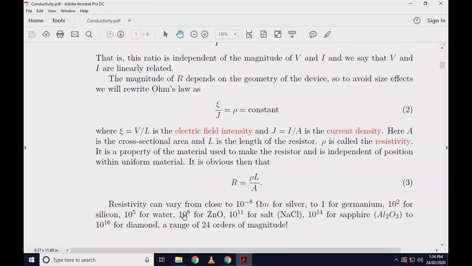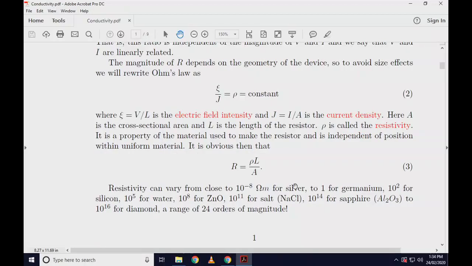And let's have a look at some values. So we know that silver is a pretty good conductor, so we expect it to have low resistance, therefore low resistivity, yeah? And so the resistivity of silver is 10 to the minus 8 ohm meters. So resistivity is measured in ohm meters.